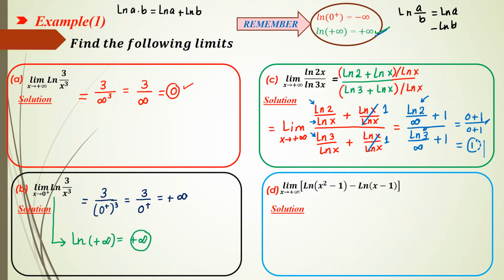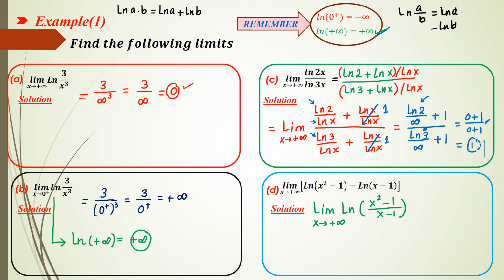Now we have ln minus ln in our part D, so we have ln of x squared minus 1 minus ln of x minus 1, so we can write this in one natural logarithm. So the limit will be like this: ln of x squared minus 1 divided by x minus 1 when x goes to positive infinity.